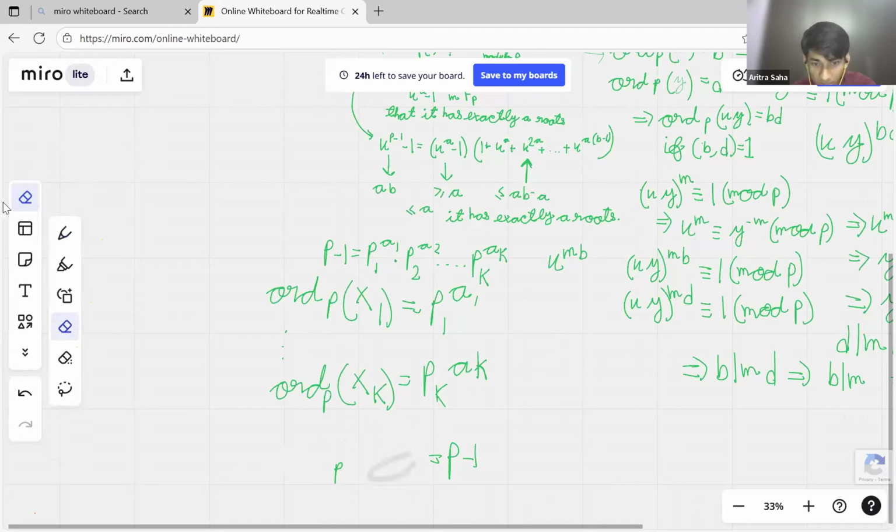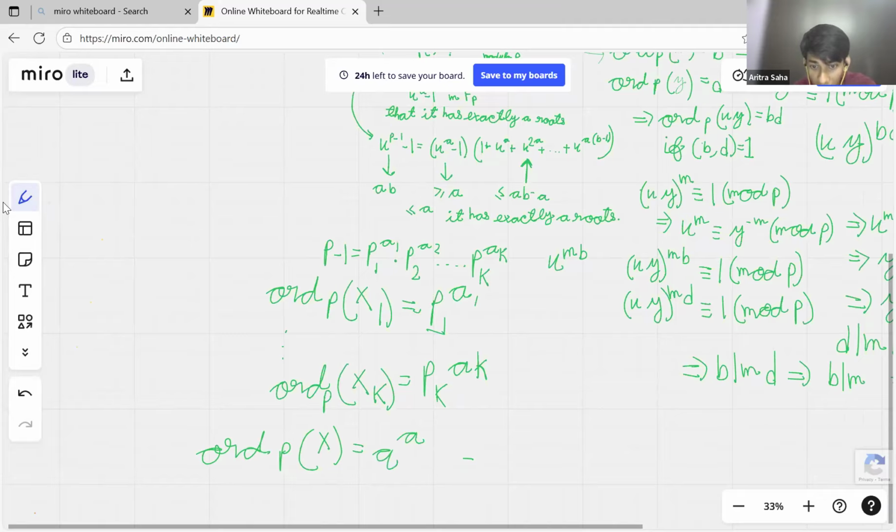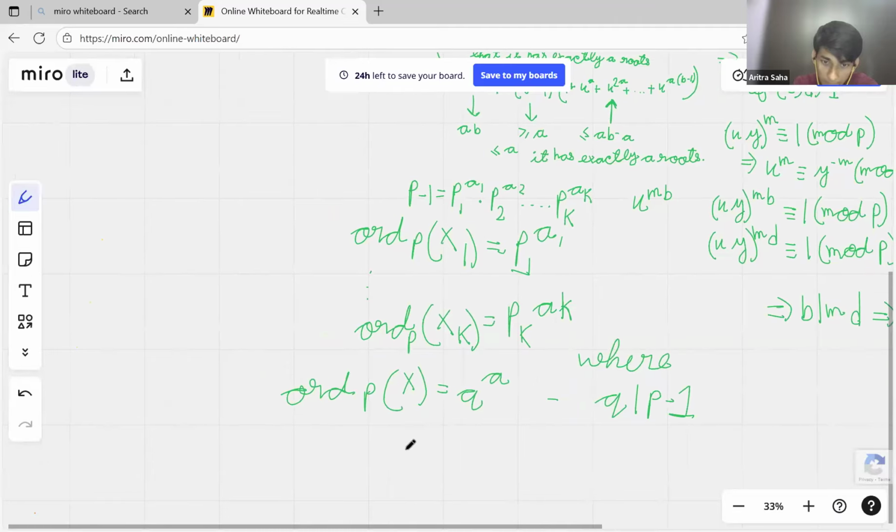So try to prove this: that there exists x such that the order of x equals q to the power a, where q is a prime that divides p minus 1. And here you will need the Lagrange thing, basically.